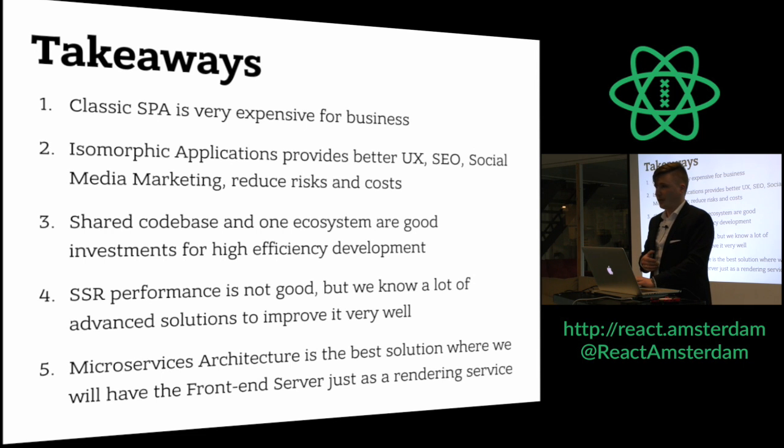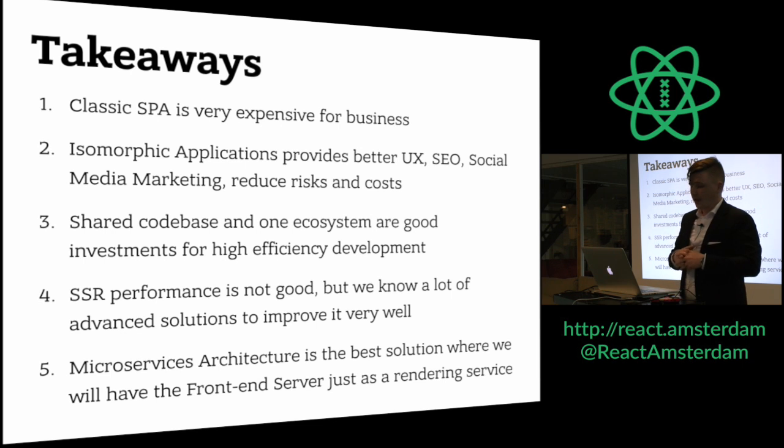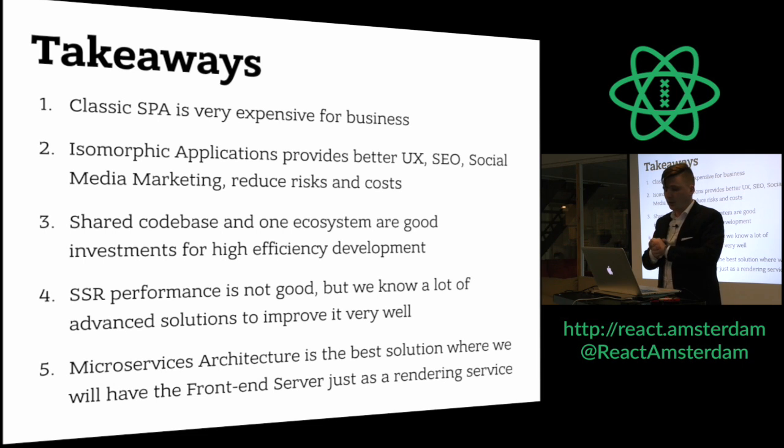Let's wrap up. A classic single page application is very expensive for business. Isomorphic applications provide better UX, SEO, and social media marketing, and reduce risk and costs. A shared codebase and one ecosystem are good investments for high-efficiency development.